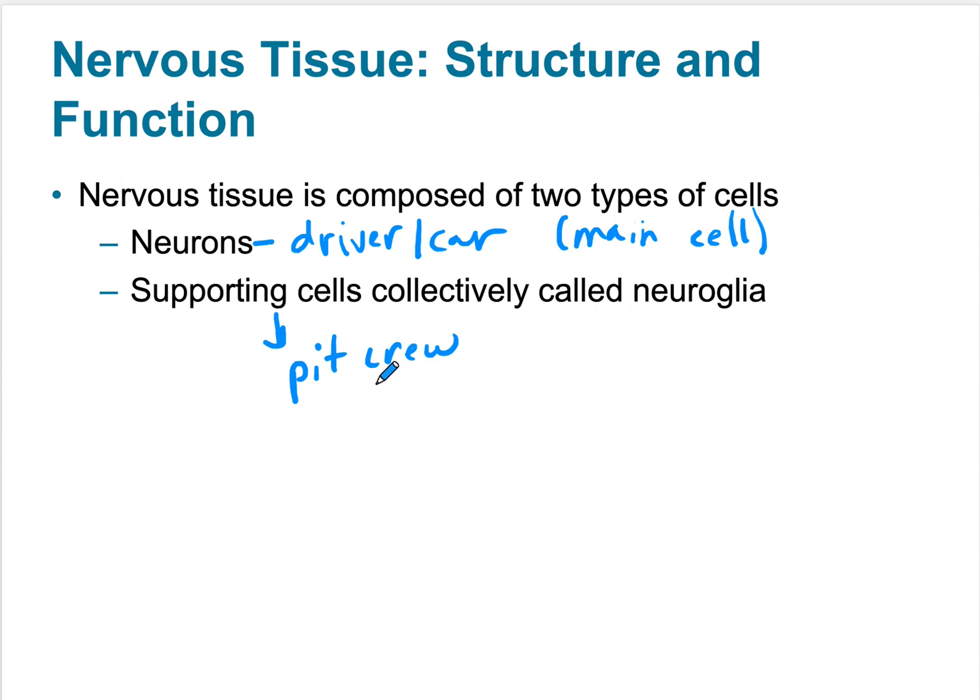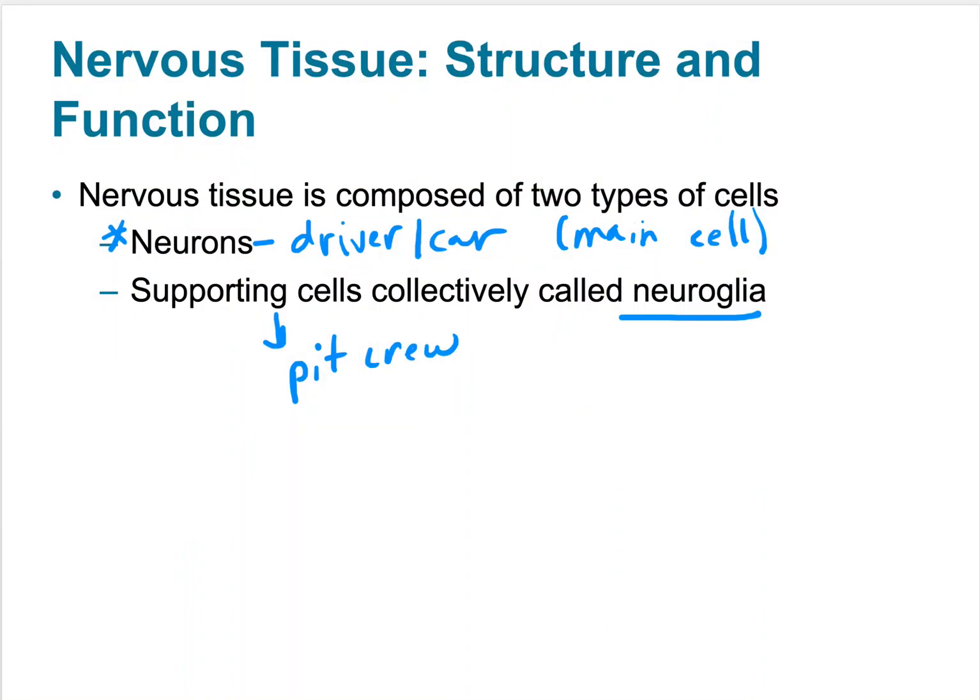That's what we call neuroglial cells. Neuroglial cells outnumber neurons probably 100 to 1, but neurons are the functioning unit of nervous tissue. Neuroglial cells are just supporting cells that make sure neurons function properly. That's why I like the NASCAR analogy: the driver and the car are your neurons, and everything that supports the neurons is the pit crew.